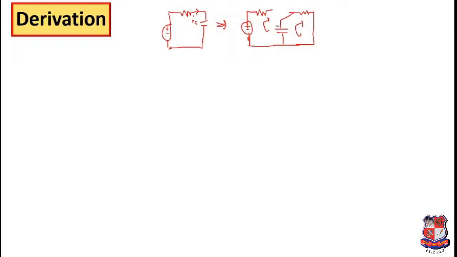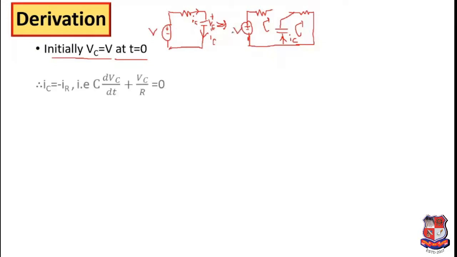Main thing is that initially capacitor was charging, so current was in this direction. But now because capacitor is discharging, the current direction will reverse. So initially at t equals to 0, capacitor voltage is V. Because this capacitor is now charged, you can consider that Vc is equal to the supply voltage V, and Ic is equal to minus IR.